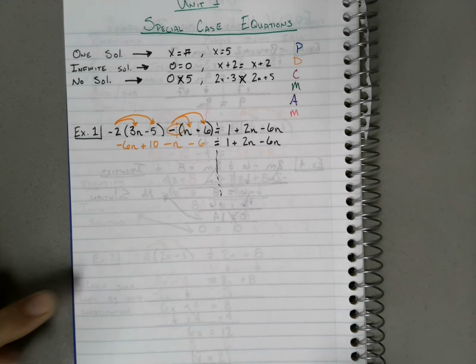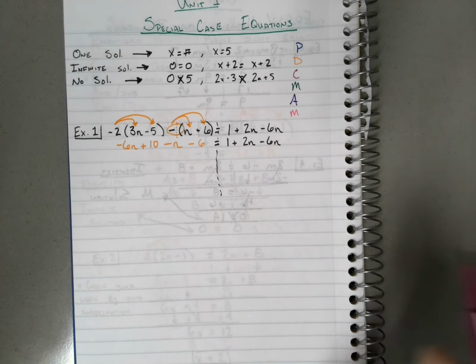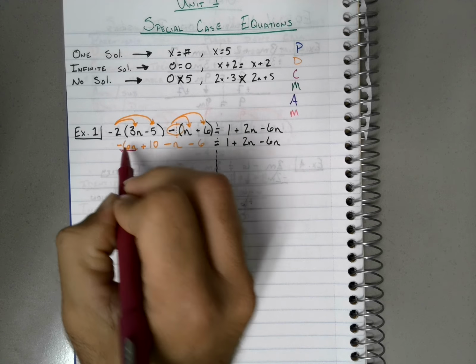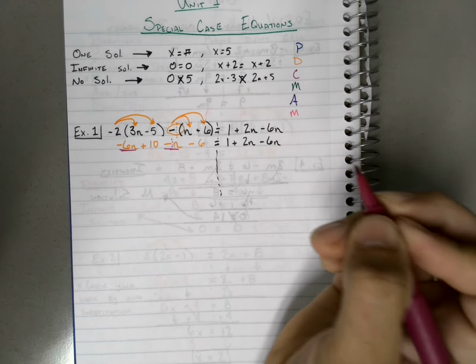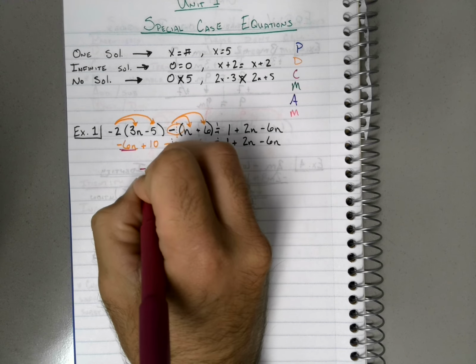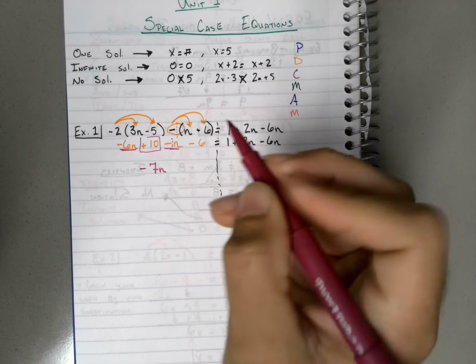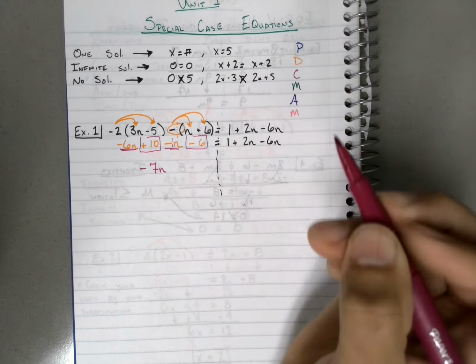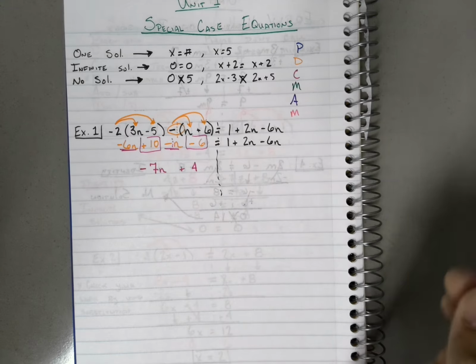Next step, combine like terms. Do you have any like terms on this side? I have a negative 6n and a negative n. That's a negative 1n. Negative 6 plus negative 1 is negative 7n. And then I have a positive 10 and a negative 6. 10 minus 6 is positive 4.